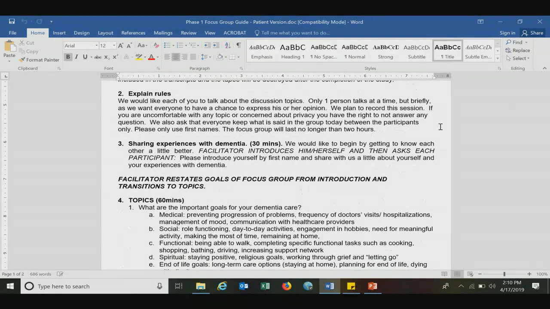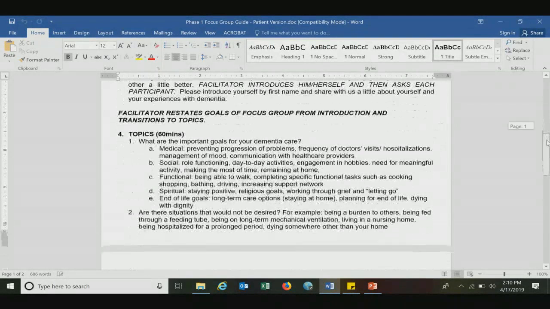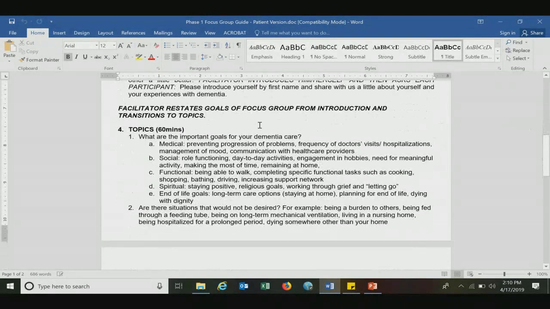And then giving them the expectation of how long the focus group would last. A 2-hour-long focus group with Alzheimer's patients is a lot. That's tough. I can't remember if they actually went that long or not. They may have. So then you can see the facilitator restates the goals and transitions into topics.